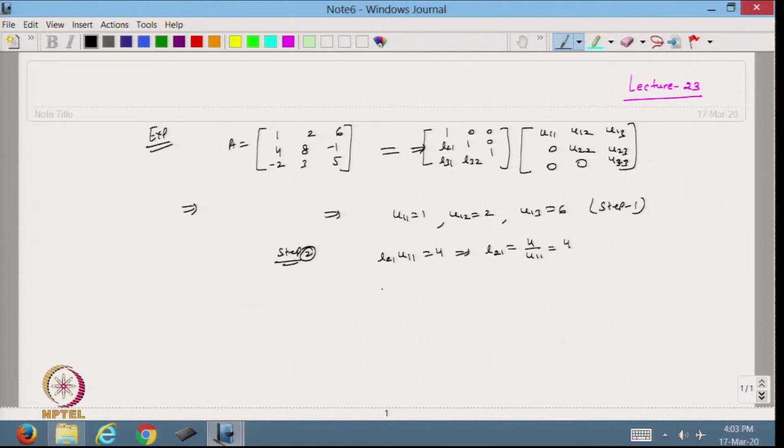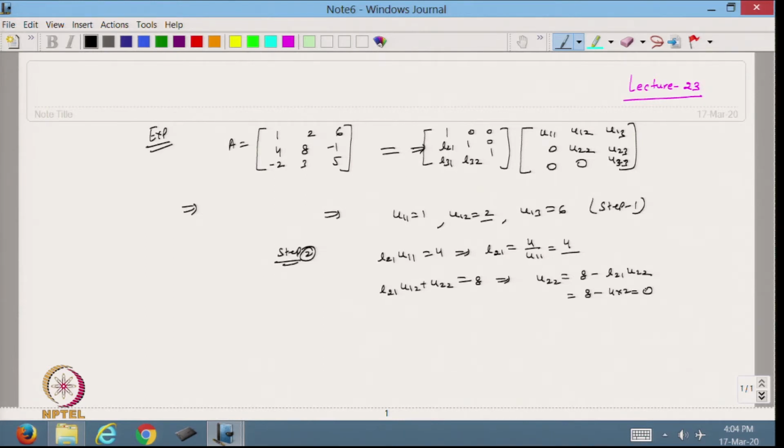L 2 1 U 1 2 plus U 2 2 should be equal to 8. So U 2 2 will be 8 minus L 2 1 U 1 2, that is 8 minus 4 into 2, which is 8. So that is the value 0.